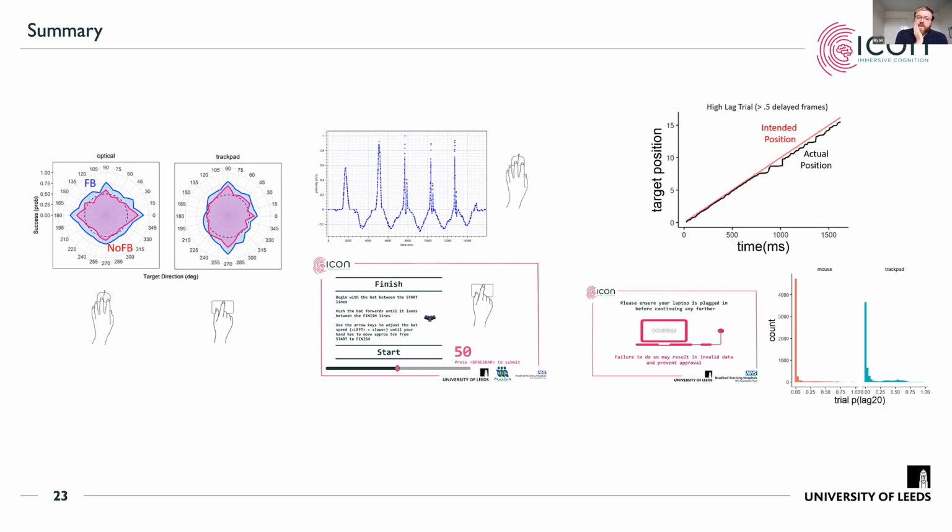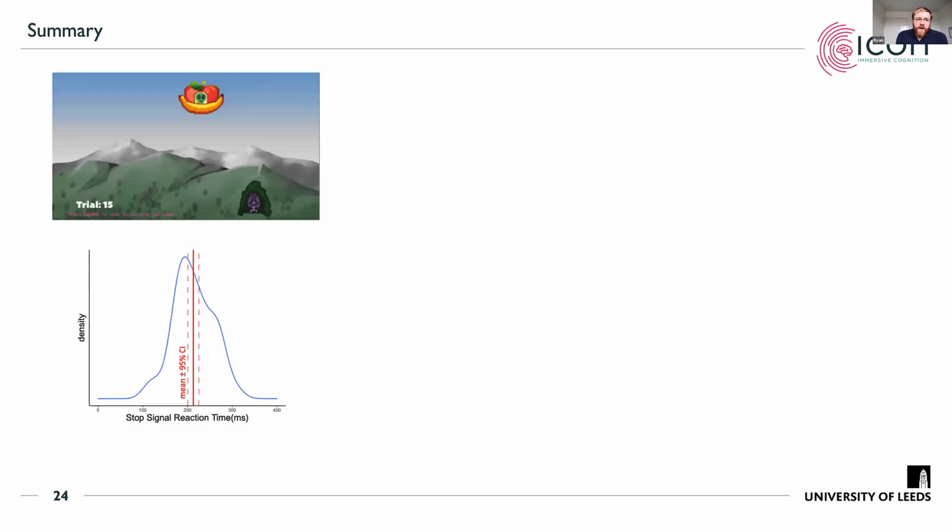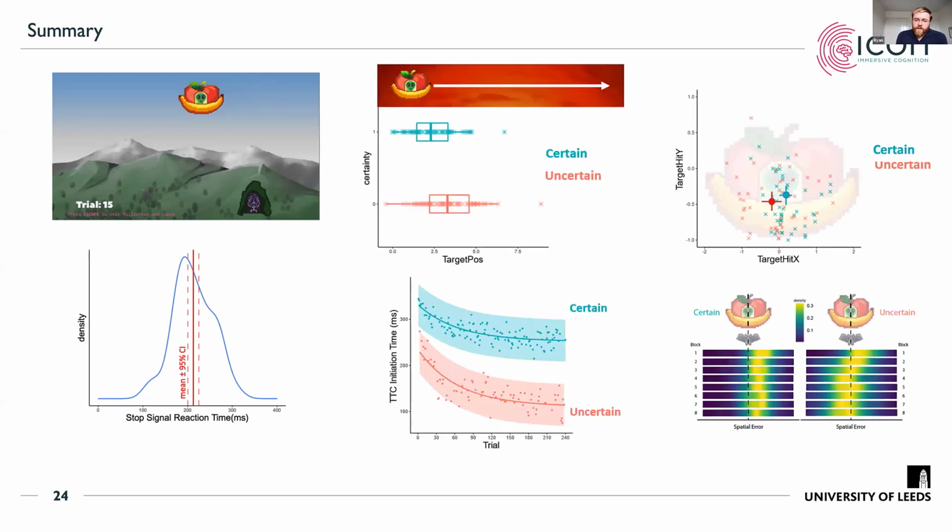And lag itself, because of variable equipment across participants, can affect the performance that you see in these tasks. However, we can still design tasks that get the standard effects that we see in the field, and also find some interesting new findings with these techniques.